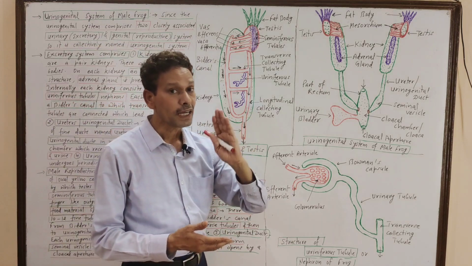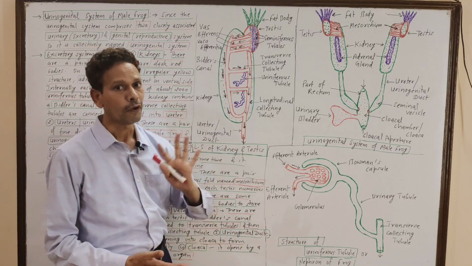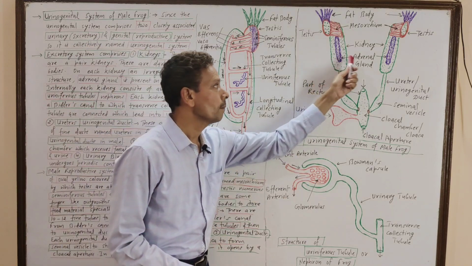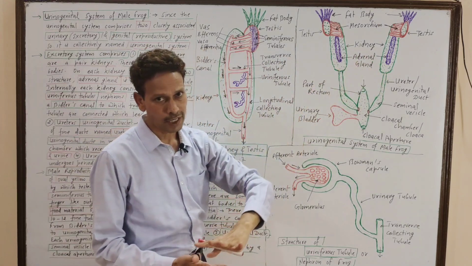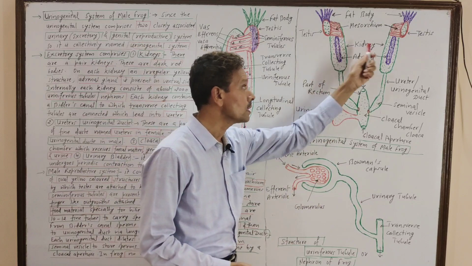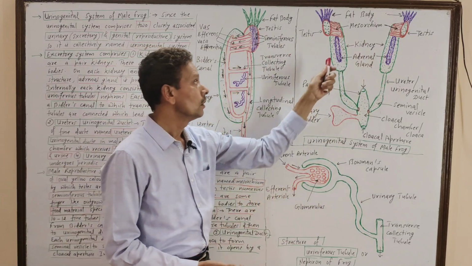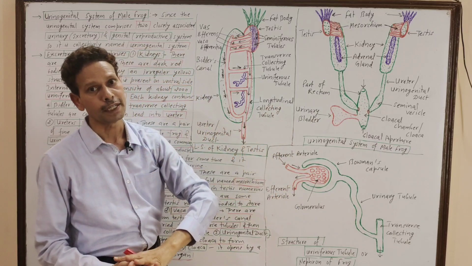The excretory system of the frog has the following parts: a pair of kidneys. These are elongated structures which are dark red in color, and on the ventral side of each kidney an adrenal gland or emergency gland is associated.